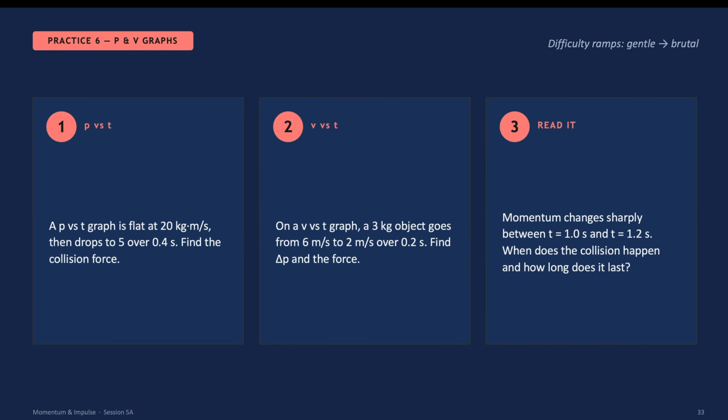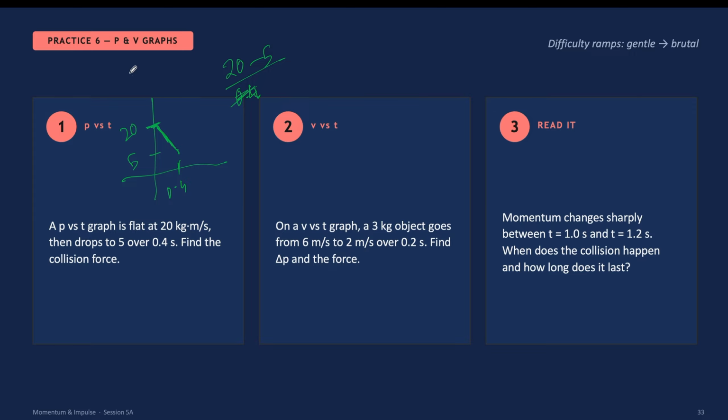All right, so let's look at some graph examples here. A P versus T graph is flat at 20 kg meter per second and then drops to 5 over 0.4 seconds. So 20, and then at 0.4, it drops to 5. Okay, the collision force is just the slope of this graph, right? Which is going to be 20 minus 5 over 0.4 minus 0. Oh wait, I think I got that wrong.